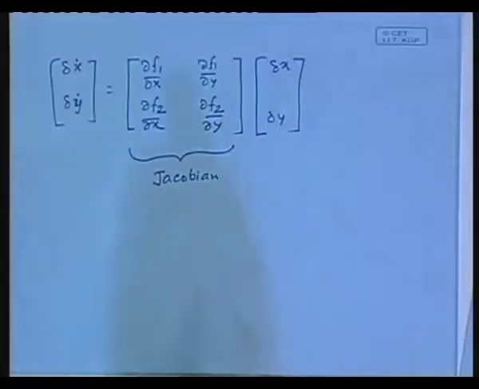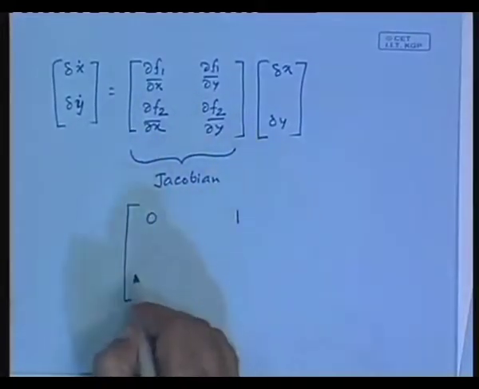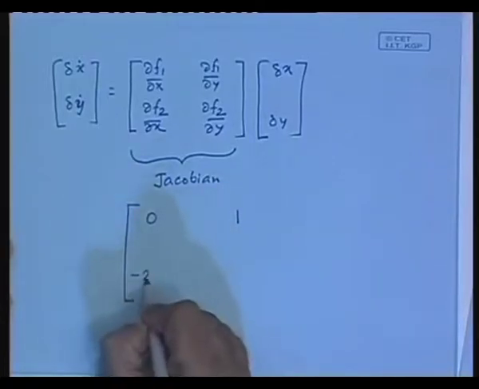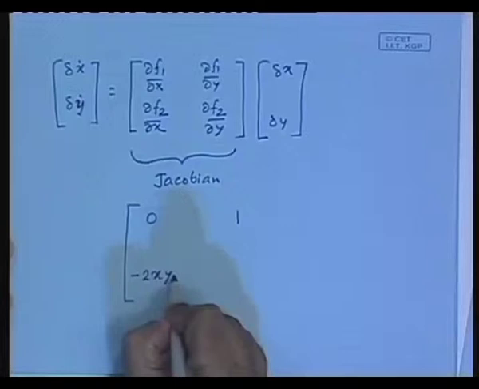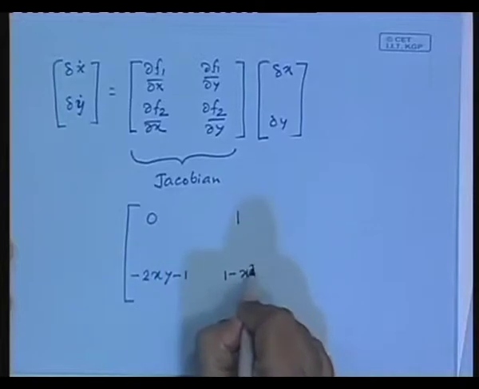So, let us write it. This will become 0 1, minus twice xy minus 1, and here it is 1 minus x square.